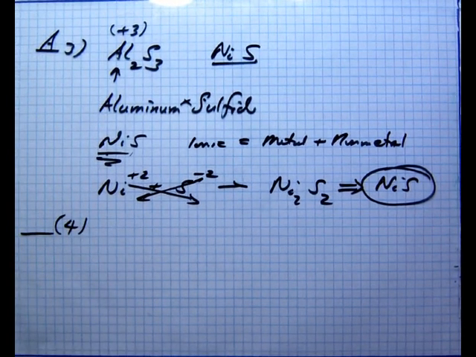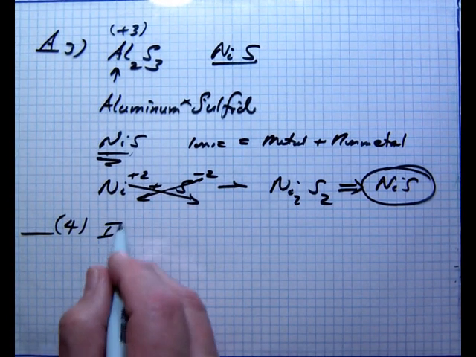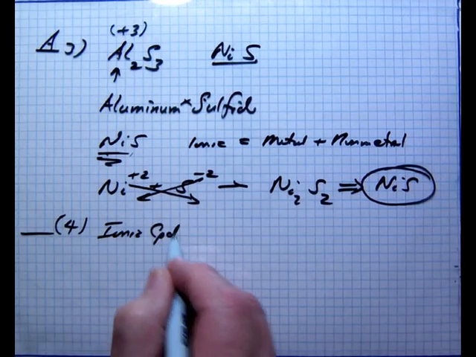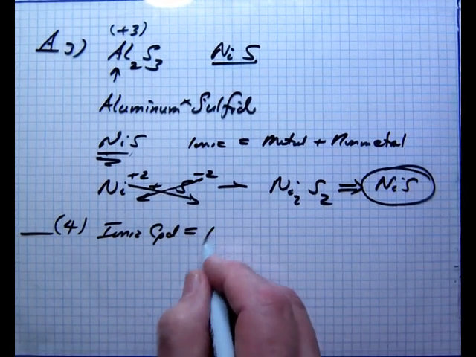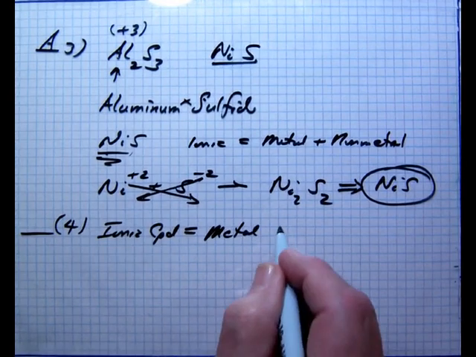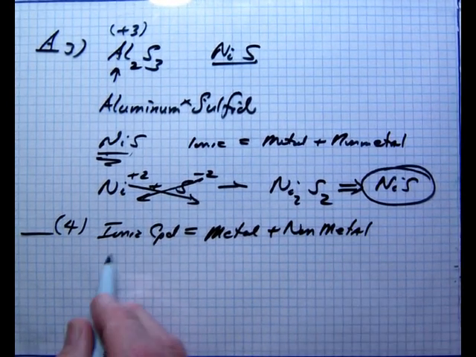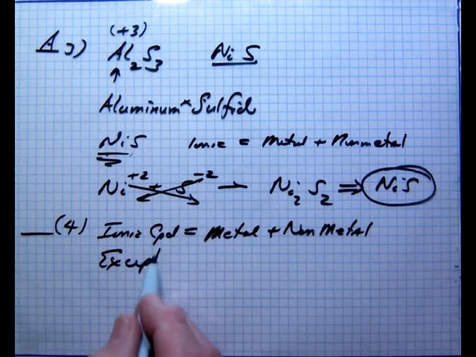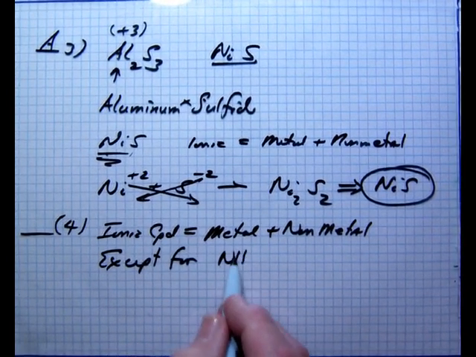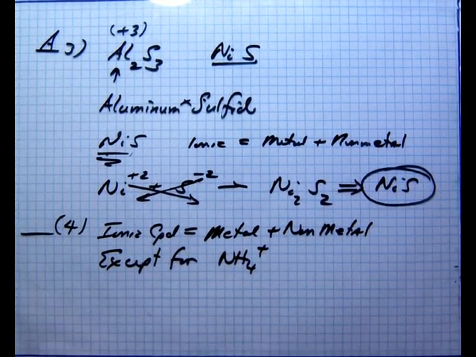Okay. All of the following are ionic compounds except. Well, when you look at the periodic table, you want to find an ionic compound, as indicated earlier, is a metal element plus a non-metal element, except for NH4 plus. NH4 plus is the only cation that I will be giving you on short notice.